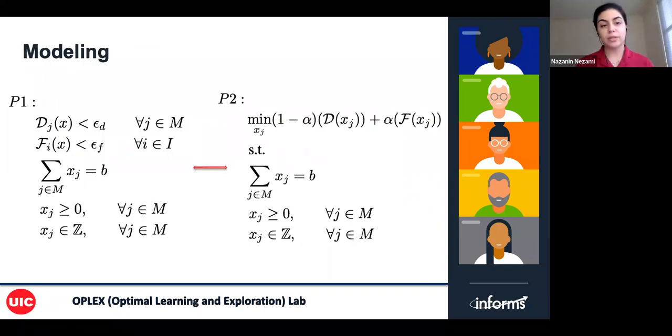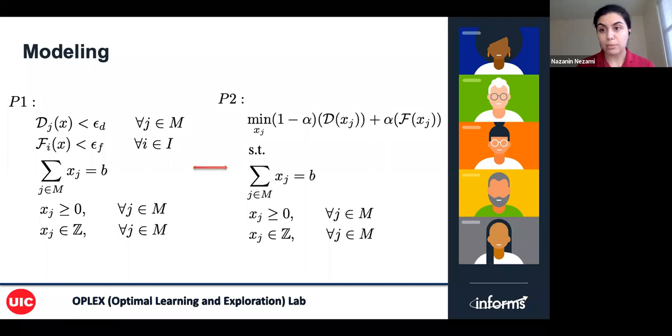And next, I want to talk about how to solve the feasibility problem P1, because this is going to be difficult to solve. So we actually converted P1 to another problem, P2, and our methodology was inspired by Lagrangian multipliers, in which we put alpha emphasis on the fairness component and 1 minus alpha emphasis on our diversity component.